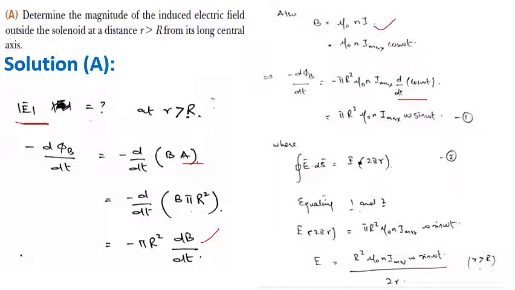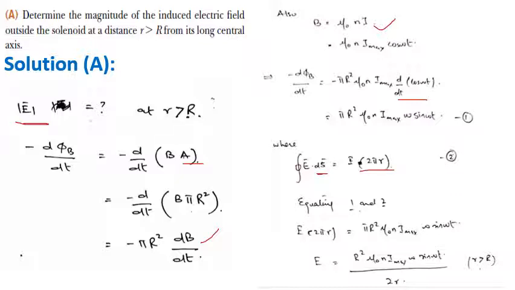What we are supposed to find is the magnitude of E, and we have seen in the article also that closed integral E dot ds equals minus d phi B over dt, and closed integral E dot ds is equal to E into 2 pi r. This is the small length element, but after integration we get the circumference, that is 2 pi r.